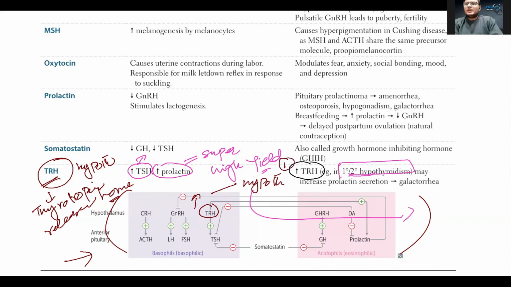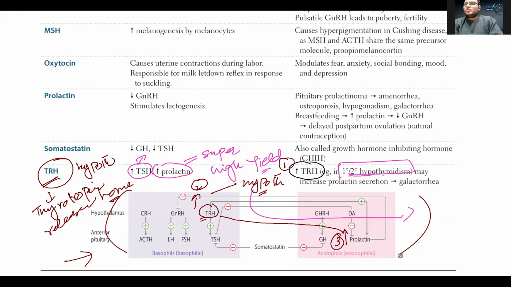This is number one step. There was hypothyroidism. Number two, the hypothalamus will increase thyrotropin releasing hormone. Thyrotropin releasing hormone also increases the prolactin. Okay, I am pointing out this third point, which is increased prolactin.